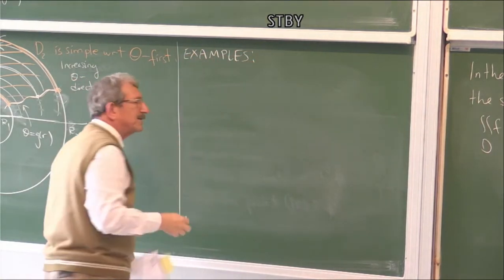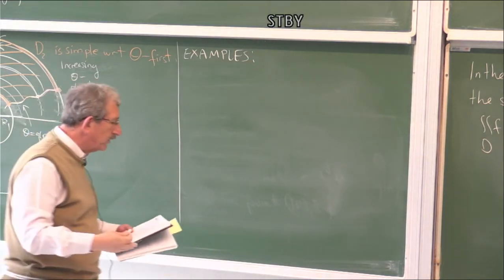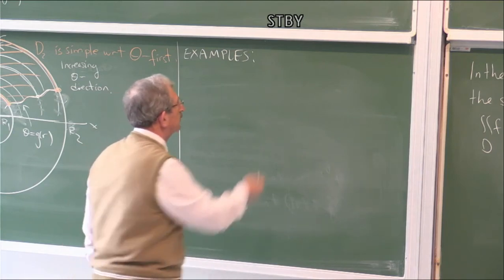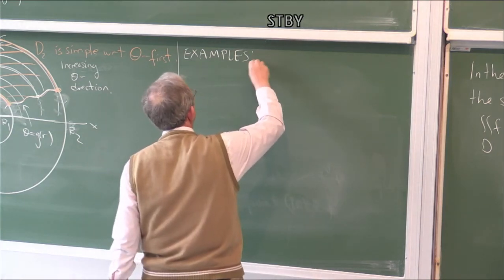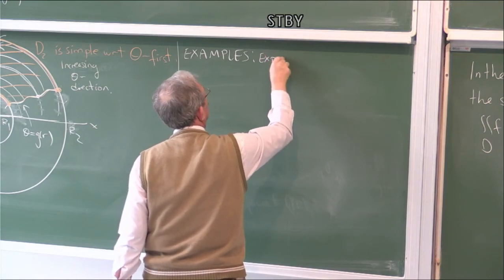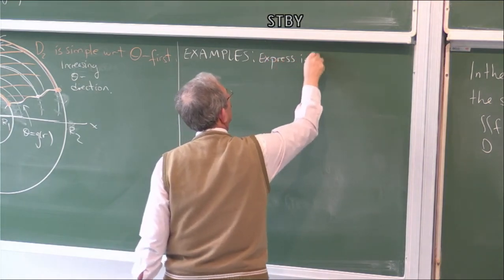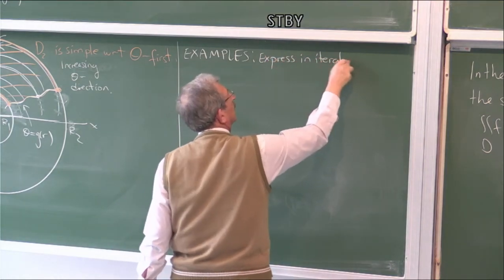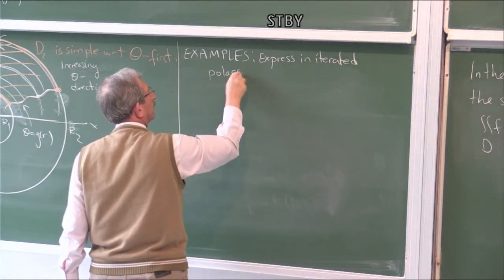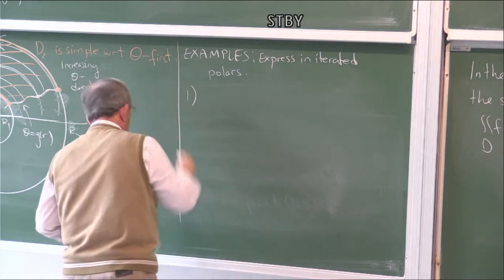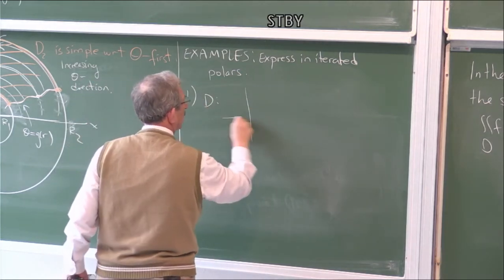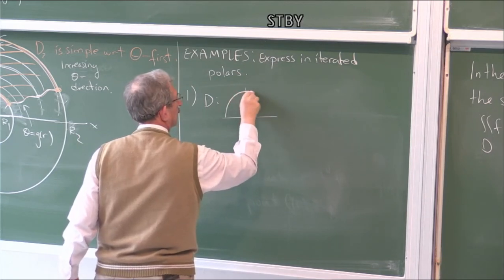Okay, the question is express in iterated polars. So, first of all, D is the upper circle.